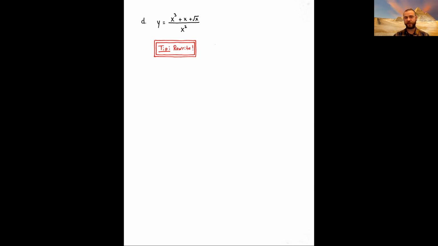The way we're going to approach this is we can rewrite this as basically a sum of a bunch of powers of x. The thing to notice here is square root of x. We can rewrite that as x to the 1/2 power. And then since we have a division by just a single factor, x squared, we can split that fraction, the 3 terms in the numerator, and divide each of them individually by x squared using some basic rules of fractions.